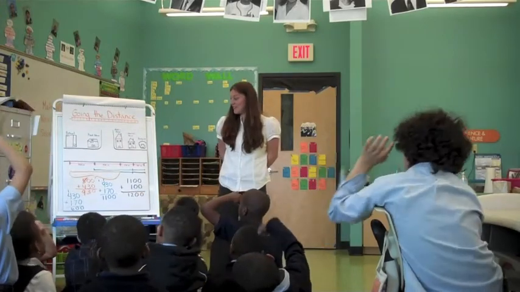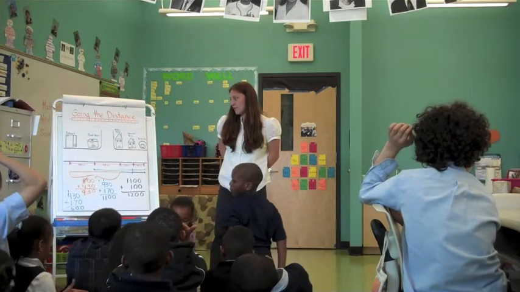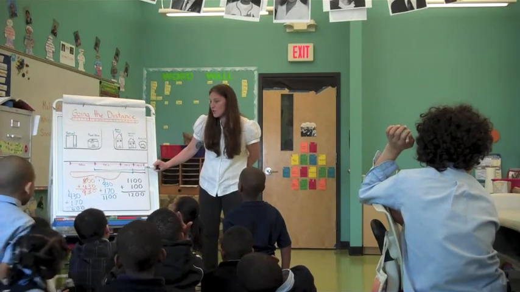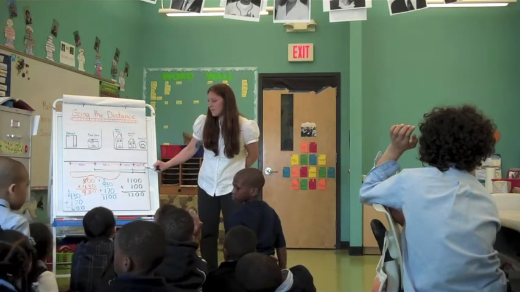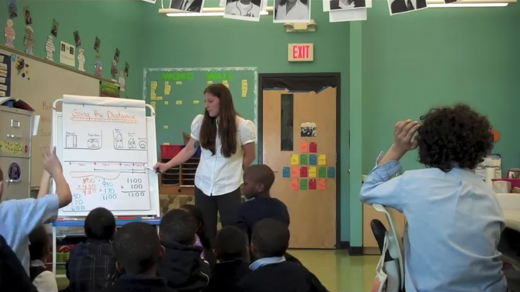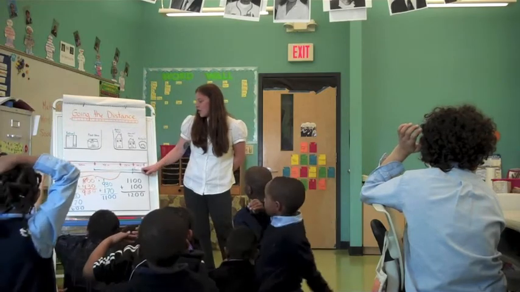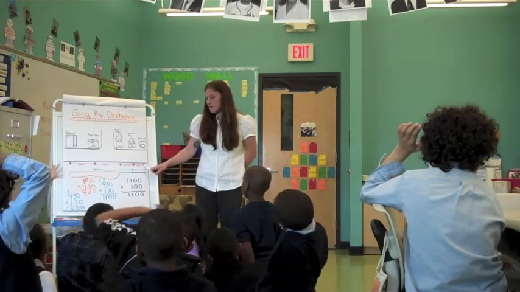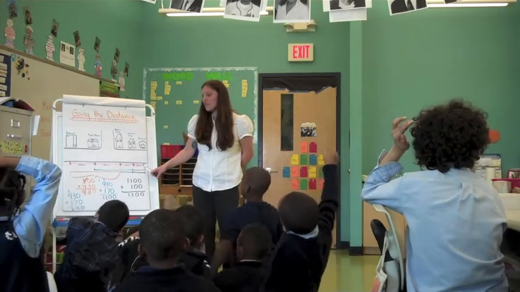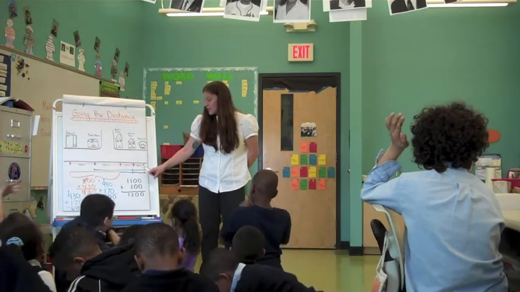Winter. From where to the ballpark? So I went from Charles's house to the ballpark, and that's 270. How far is it from Charles's house to the ballpark? 100, right? Charles's house to the ballpark.